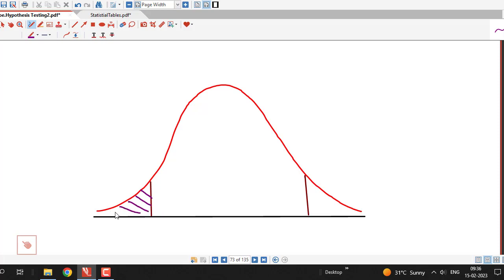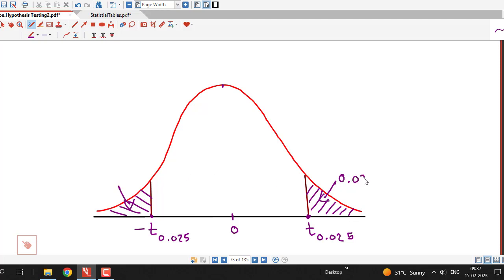So this is alpha by 2, which is 0.025. This point is t suffix 0.025. Here somewhere we have t equal to 0, minus t suffix 0.025, and these two are rejection regions.